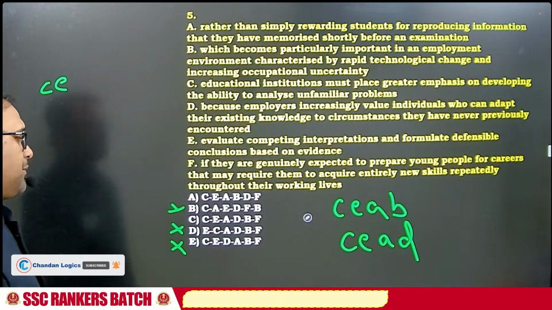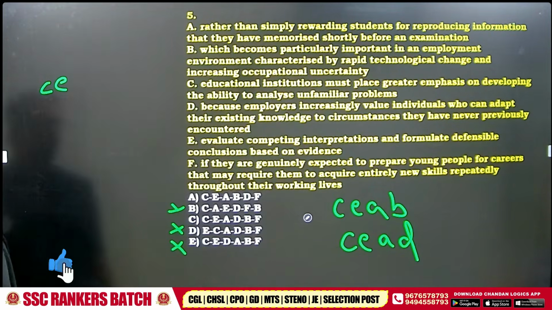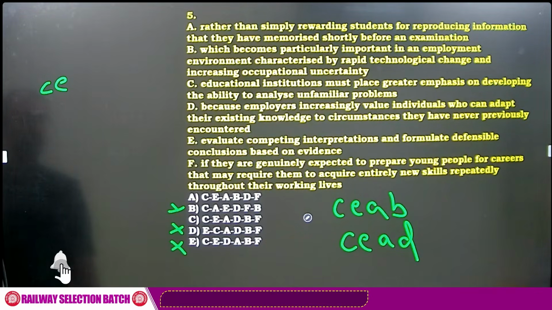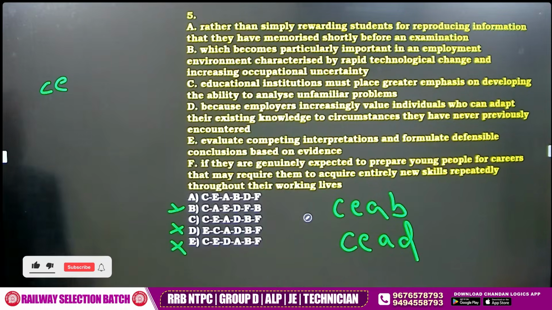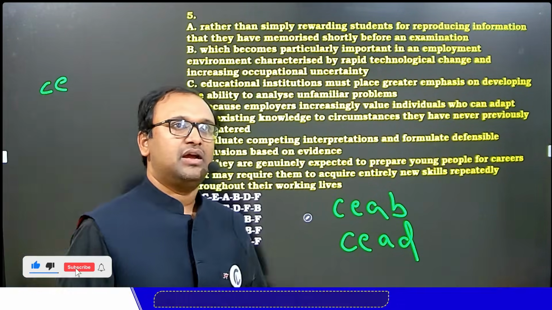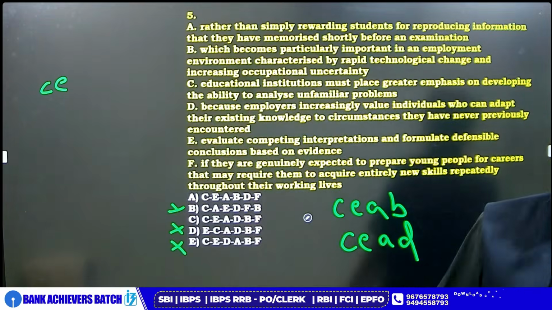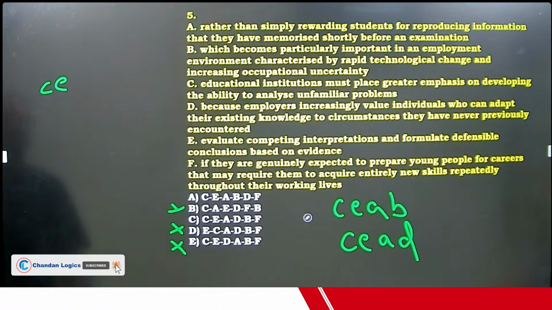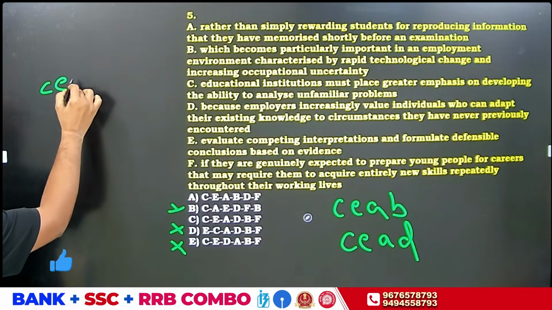Evaluate competing interpretations and formulate defensible conclusions based on evidence. Okay. So in both the CE statements, you are trying to say education should focus on this, education must do this, must do that. Okay, but why? You said an opinion, but why? What is the supporting statement?